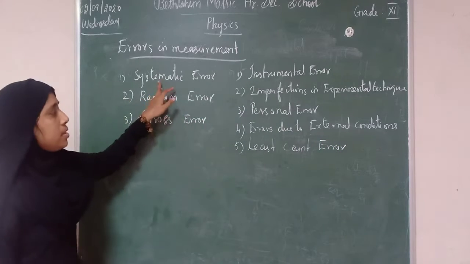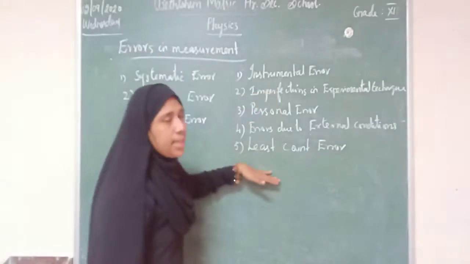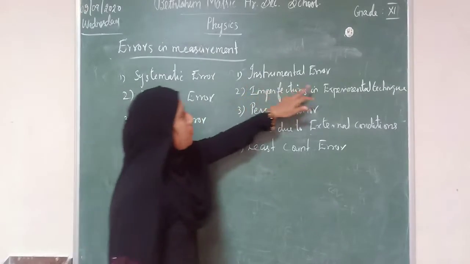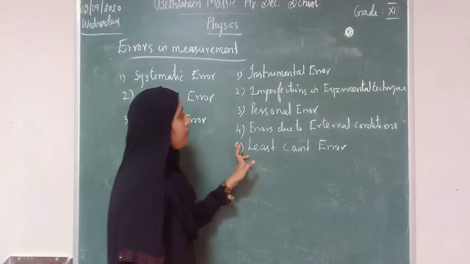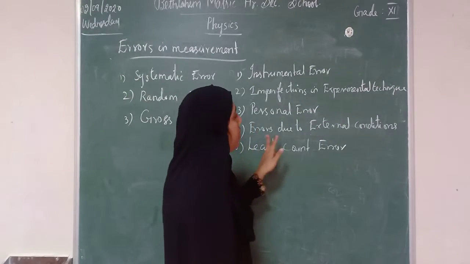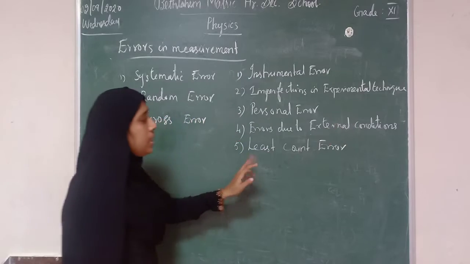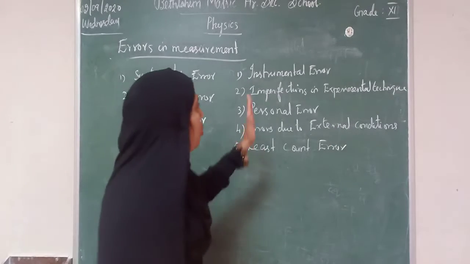So systematic errors are classified into these categories: instrumental error, imperfections in experimental technique, personal error, errors due to external conditions, least count error. What do you mean by instrumental error?